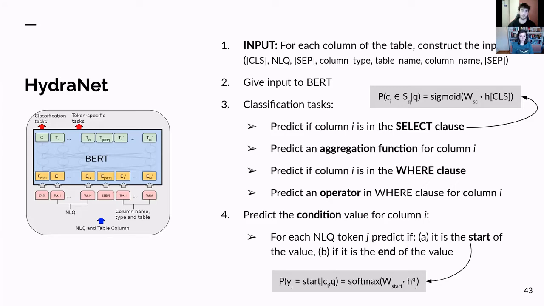And we would also make some predictions using the outputs of the natural language question. So we would iterate through each output token, and we would use again a very simple linear network to predict for each token if it is the start of the value and if it is the end of the value.